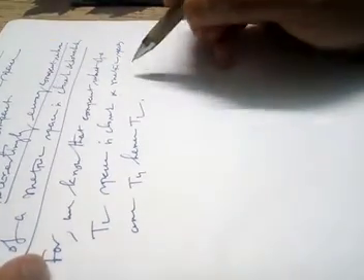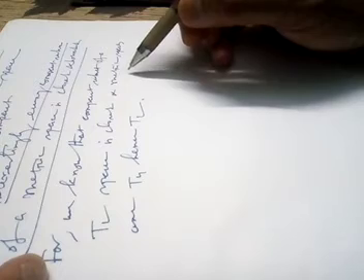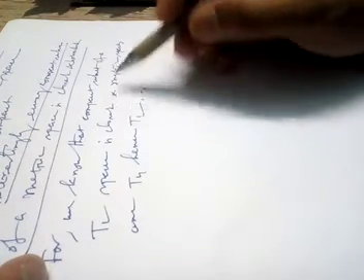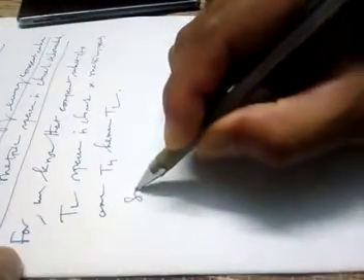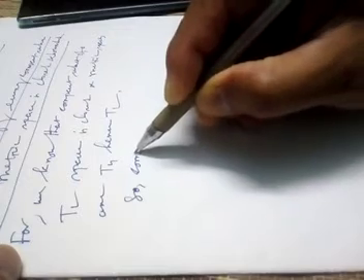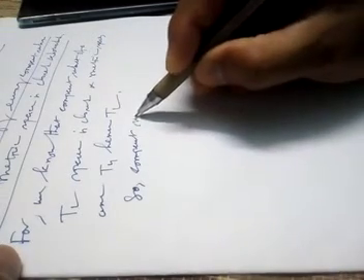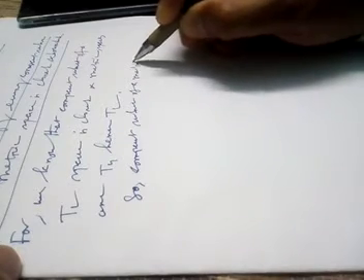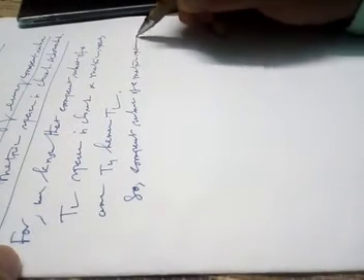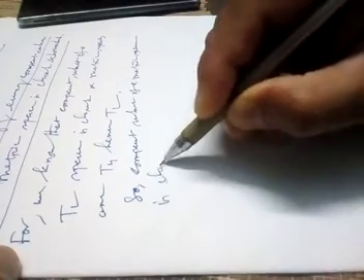So a compact subset of a metric space will be closed because a metric space is also T2. So a compact subset of a metric space is closed. Fine. Now boundedness.